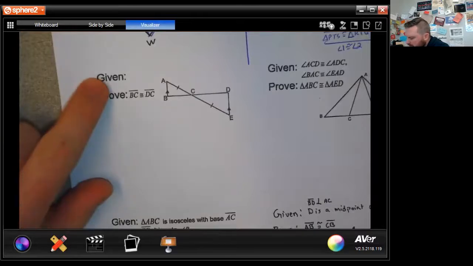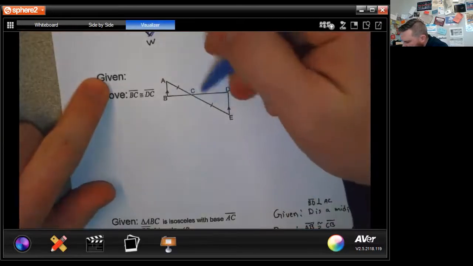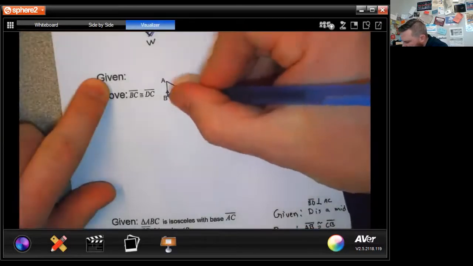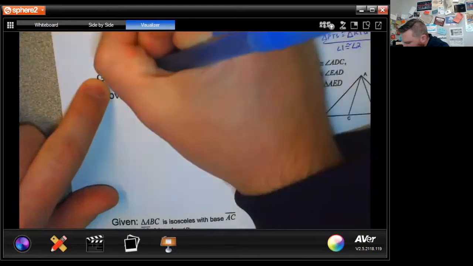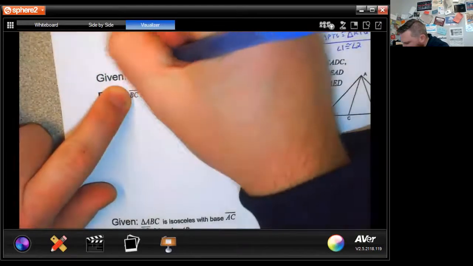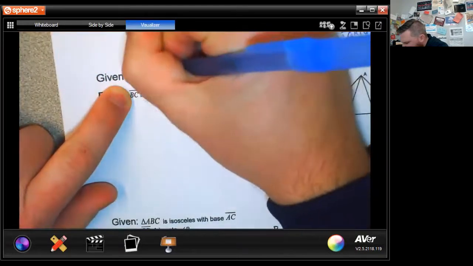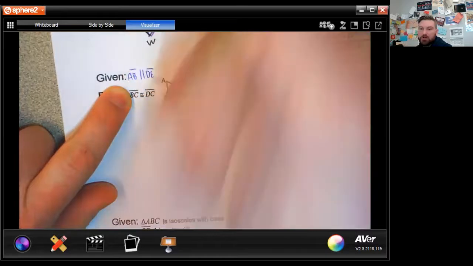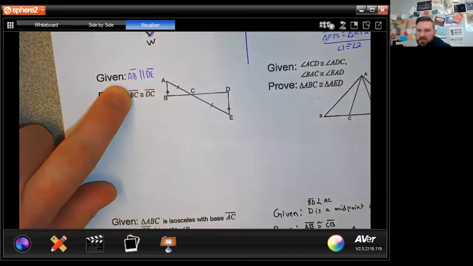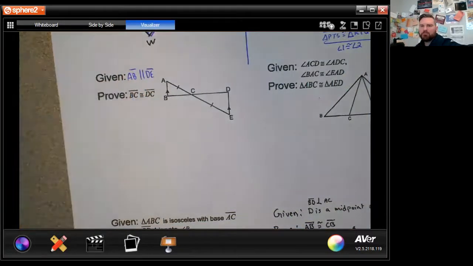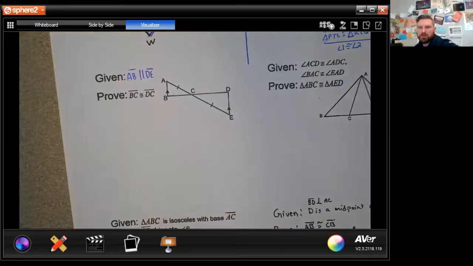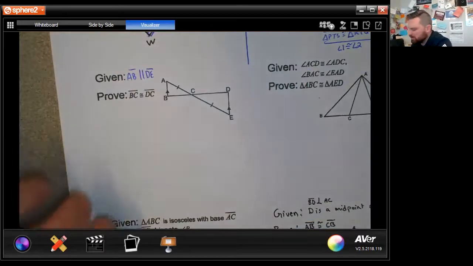Okay, they don't give us any given, so we'll look here and look at the given. So it looks like segment AB and DE are parallel. So AB segment parallel to DE segment. And when I see parallel lines, I should be thinking those angle pairs. So corresponding, alternate interior, alternate exterior, all those.